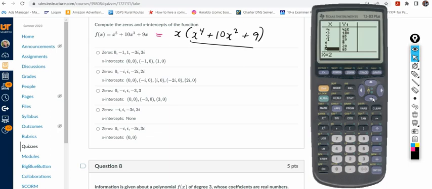Well, when we have something like this, I can see that 1 is not a 0 because the point (1, 20) is on the graph. And so this is saying that 1 and negative 1 are zeros, so that's not going to happen. Okay, I can also see that 0 is going to be a 0.